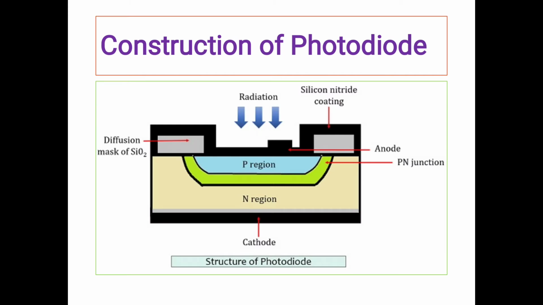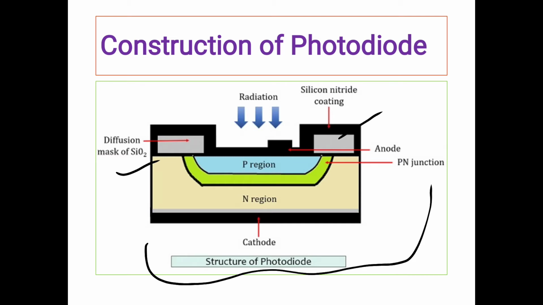You can see in the given figure that this is our structure of the photodiode, and the materials which are used in the construction of the photodiode are the silicon oxide. You can see here, this is used, and the p-n junction device is kept inside the glass material. So it is coated with silicon nitride coating.